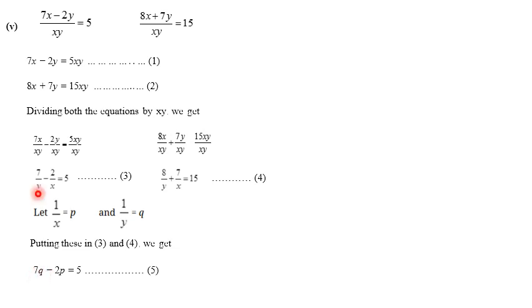First one is 7q, because we are having the y term first, so 7q minus 2p is equal to 5, equation number 5. Next we have 8q plus 7p is equal to 15 after substituting in equation number 4. Label it as equation number 6.